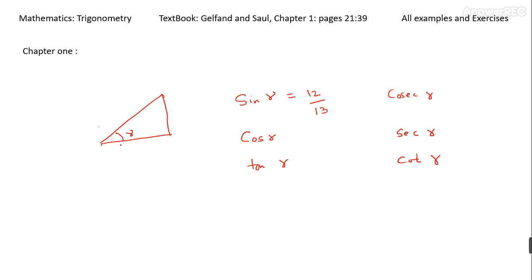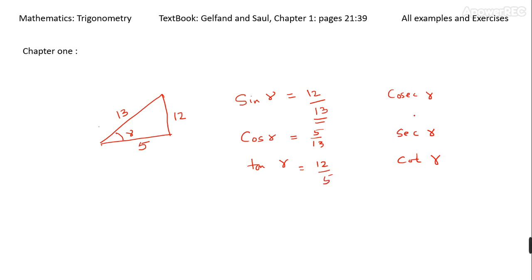So you please draw a triangle and put this information on the triangle. The ratio of sine gamma, that is opposite side upon the hypotenuse, has been given as 12 by 13. Then you use the Pythagoras theorem, in this case 13 square minus 12 square and then square root, and you get this to be 5, and you can immediately write then cos gamma is equal to 5 by 13, and tan gamma is equal to opposite side upon adjacent side, 12 by 5.